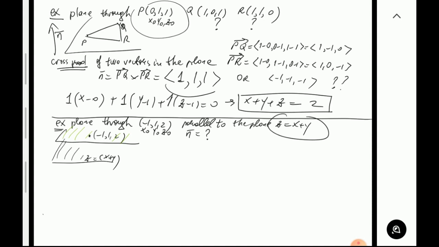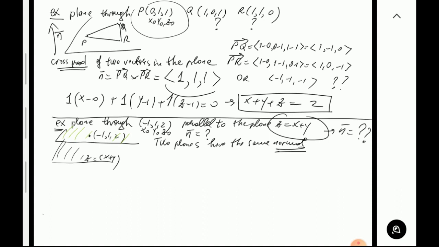Well, notice that the two planes have the same normal. Since the given plane is parallel to the plane I want, the normal to the given plane can be used as the normal to the plane I want. How do I extract the normal from the given plane?